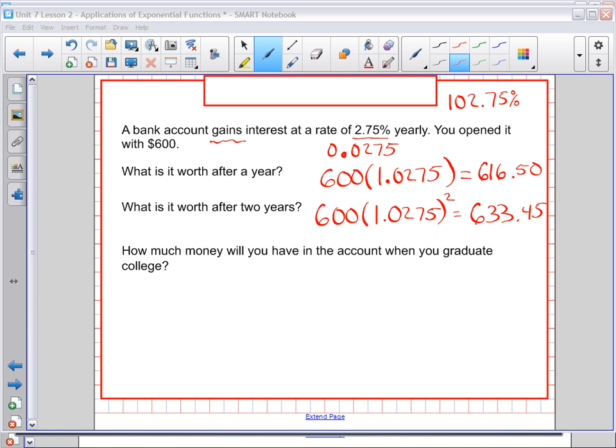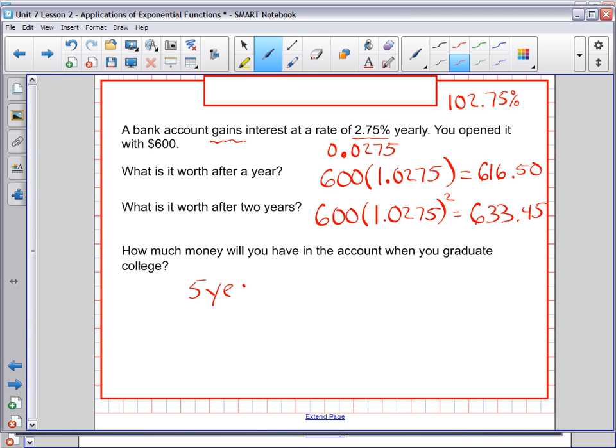If you're going to graduate college in 5 years, so that would be you juniors who are going to graduate in 4 years, you would have $687.16. If you're going to graduate college in 6 years, you would have $706.06.